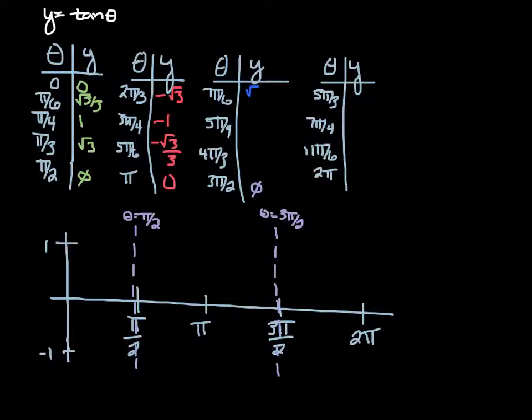So we have square root of 3 over 3, 1, square root of 3. So our function goes from something like that.